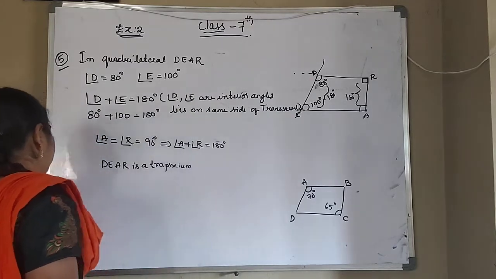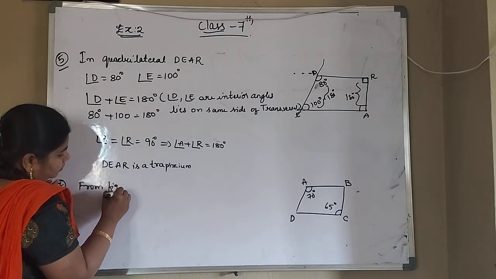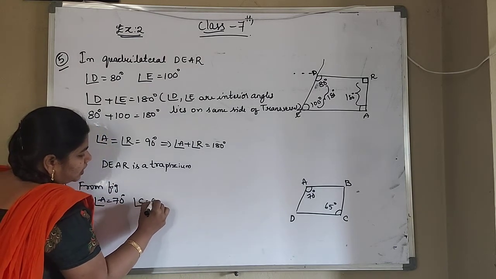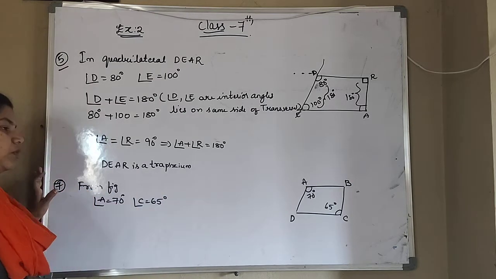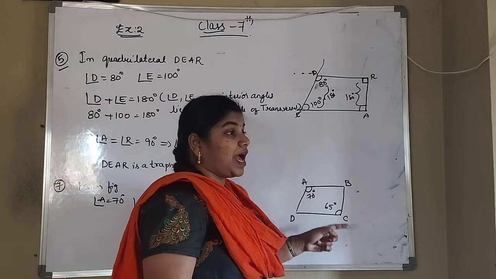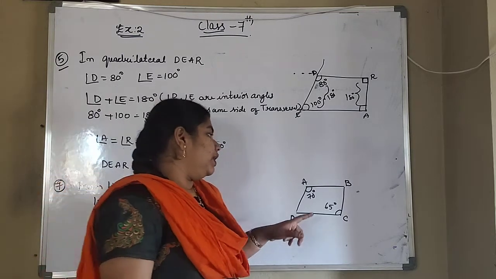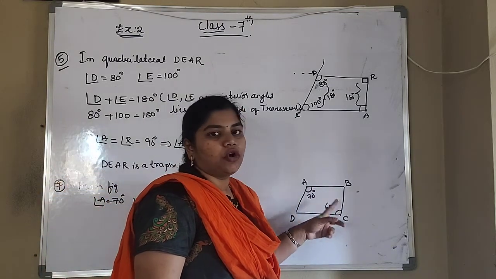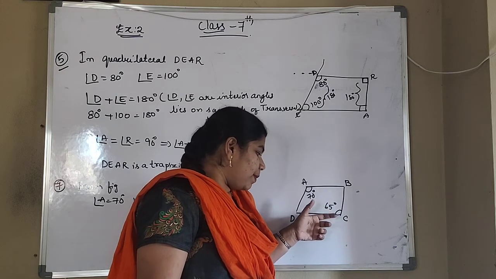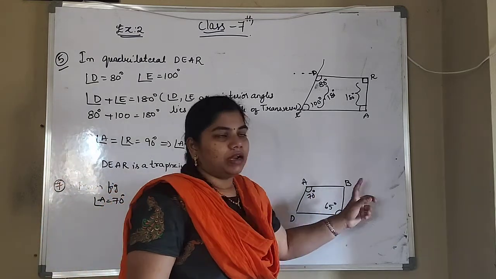From the figure, angle A equals 70 and angle C equals 65. By using the properties of a parallelogram, opposite angles are always equal, but here the two angles are not equal, they are different. So by that property, ABCD is not a parallelogram.